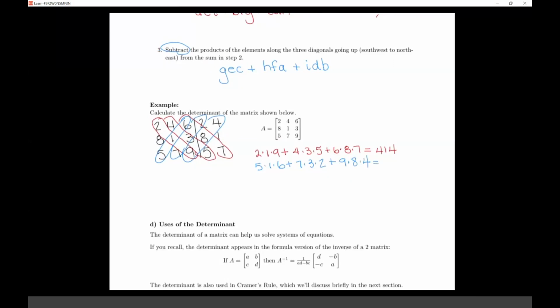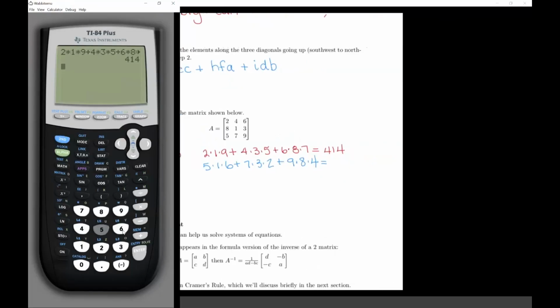And again, those are multiplied and then the products are added. So I can pop up the TI again and do those. And I get 360 for that sum.